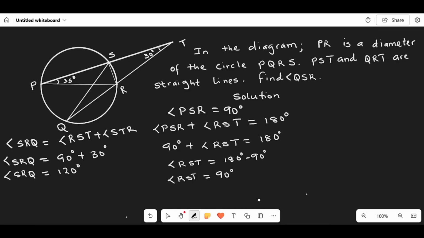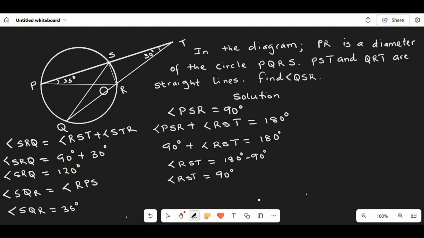So angle SQR is equal to angle RPS. Angle SQR is equal to 35 degrees because our angle RPS is equal to 35 degrees.